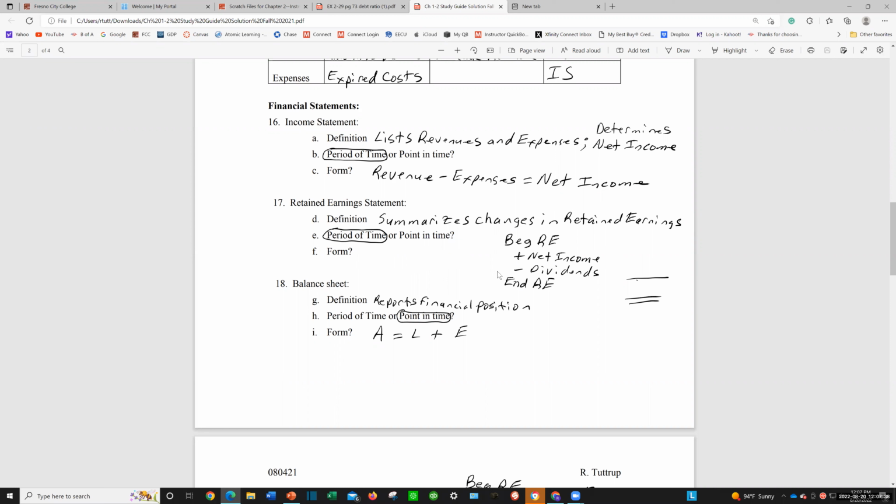So it shows, I started out with retained earnings of this, but at the end, I had this. It summarizes the changes from beginning to end. Why did it change? Well, we received some net income, but then we distributed some of that net income as dividends.